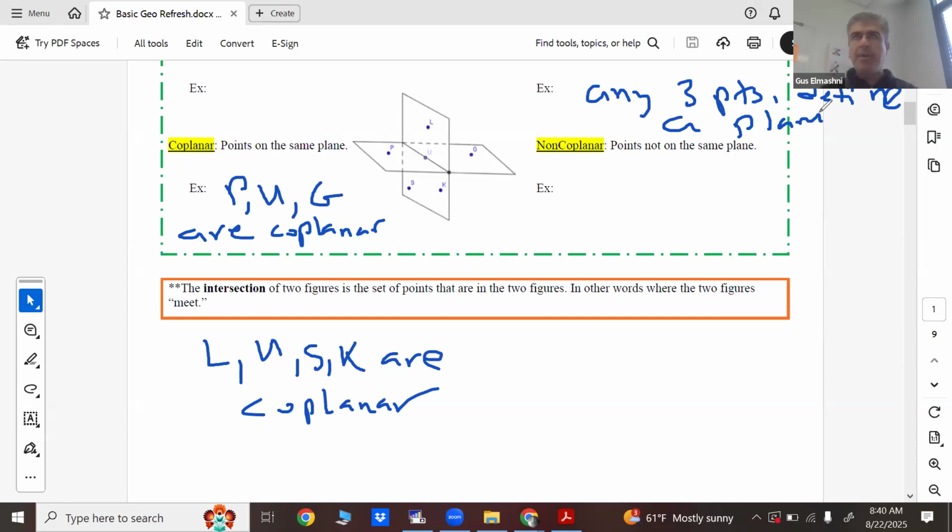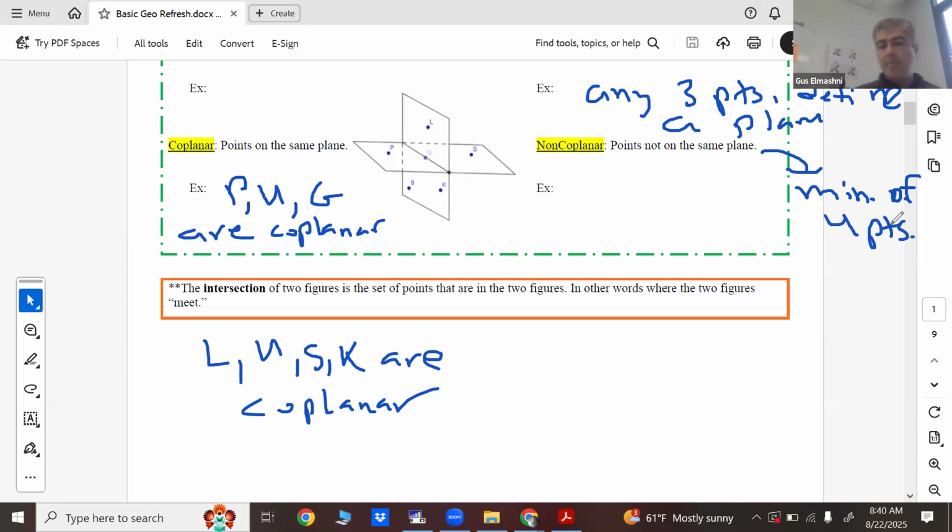Some of you might say LUP, but you can make a plane with LUP, right? I can make a triangle, and that'd be cool. So for non-coplanar, you have to give me at least 4 points. A minimum of 4 points would ensure that you're non-coplanar.